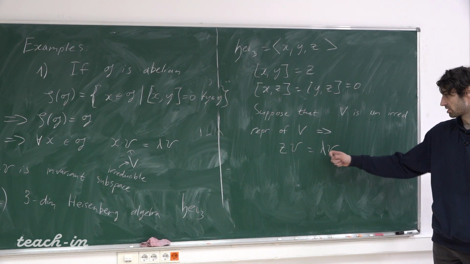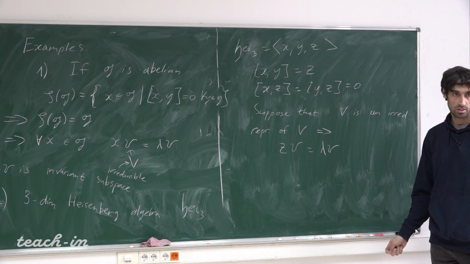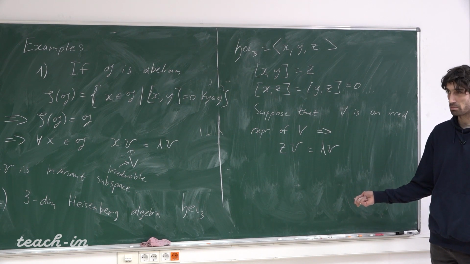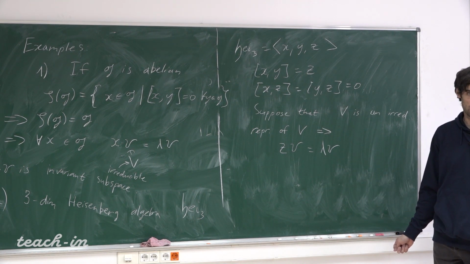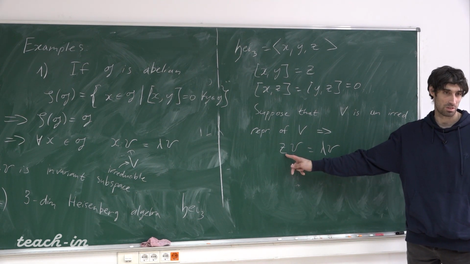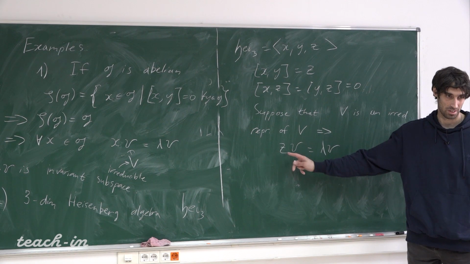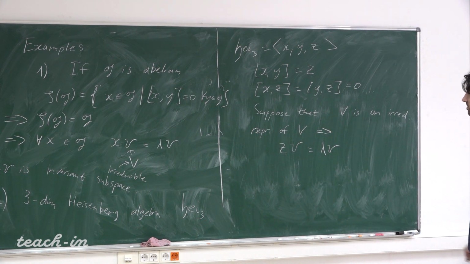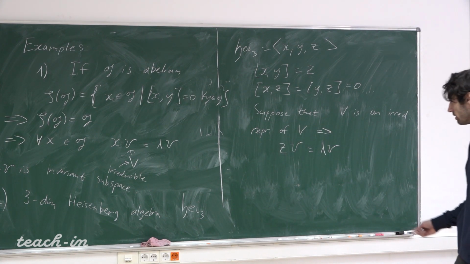And this number is fixed for any v. It depends on the element of the center, of course. But in this case, up to multiplying by a constant, it is just the only one.